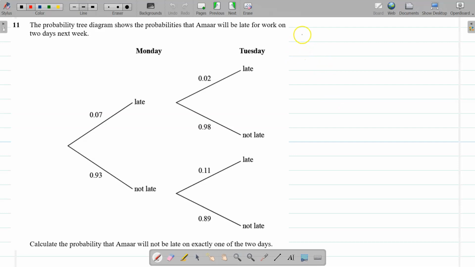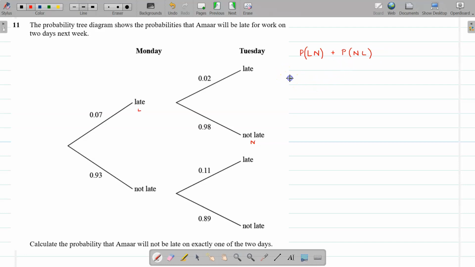So I'm going to use the notation: late is L, not late is N for not. So the probability that he's late on the first day and not the second, plus the probability that he's not late on the first day but late on the second. So either of those two situations are allowed.